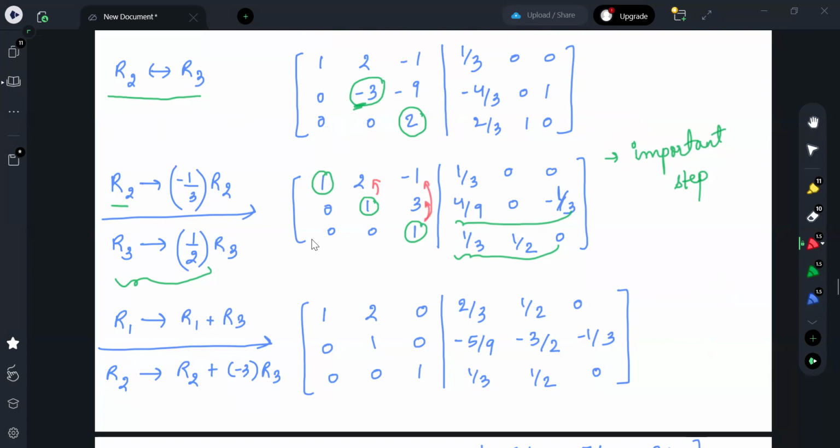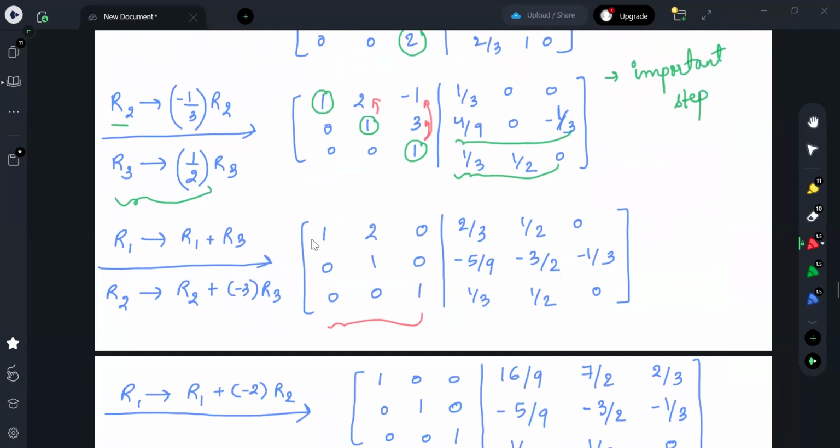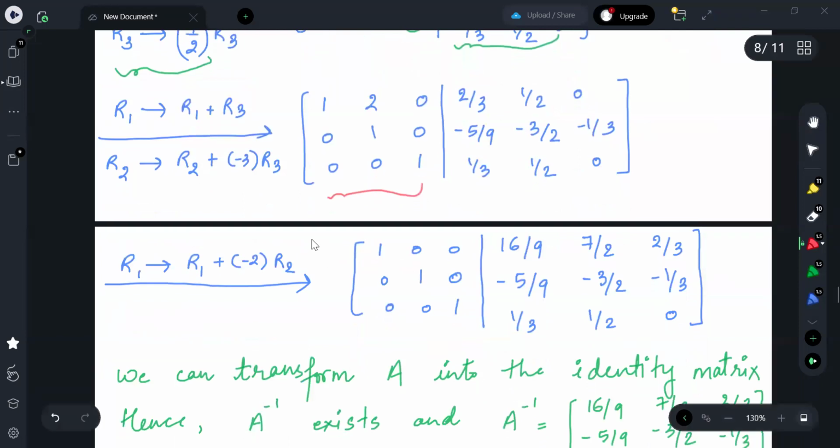You see, it's looking very close to identity, but not yet. I have one last non-zero entry that needs to be turned. Last operation that I need to perform, I'm going to add a -2 multiple of R2 to make this a 0. And that gives me the resultant identity on the left-hand side.